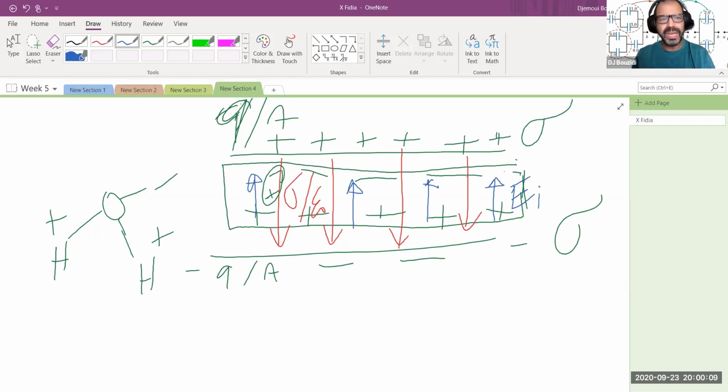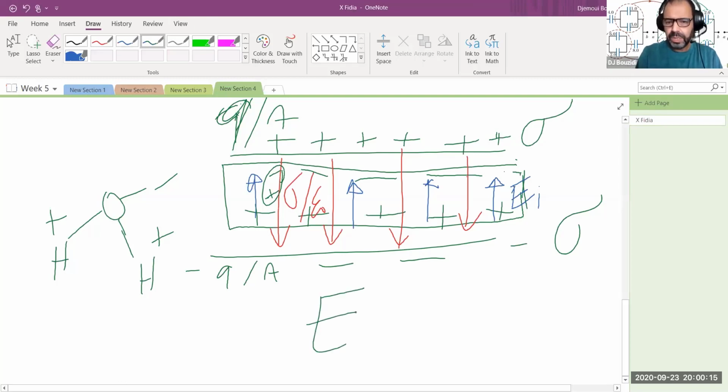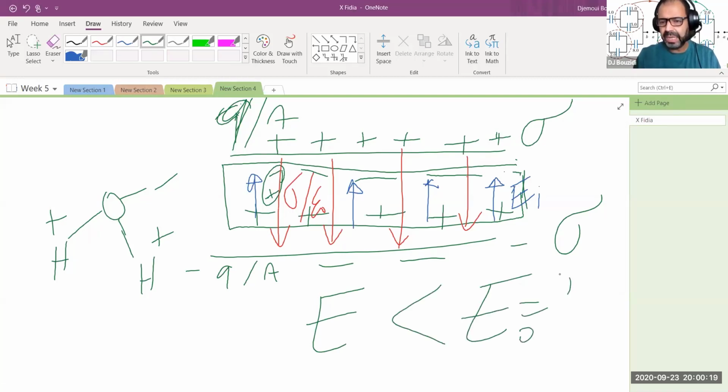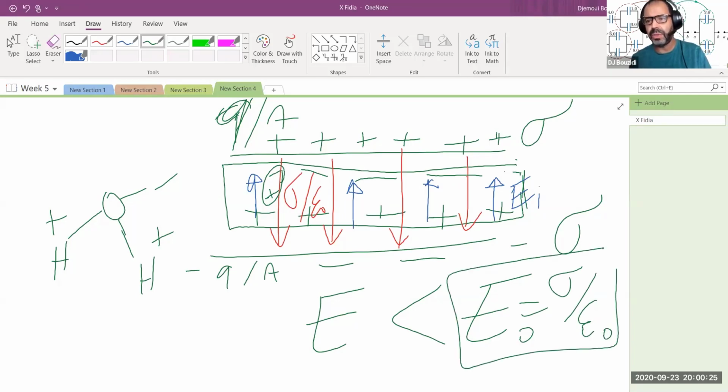So the overall electric field is somewhat weaker. E now should be less than E naught, where E naught is the field when there was only vacuum, no material in there. So the electric field is somewhat less than the original one, okay?